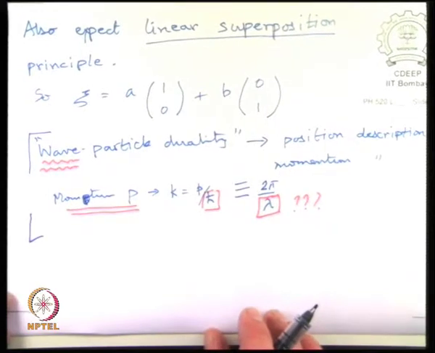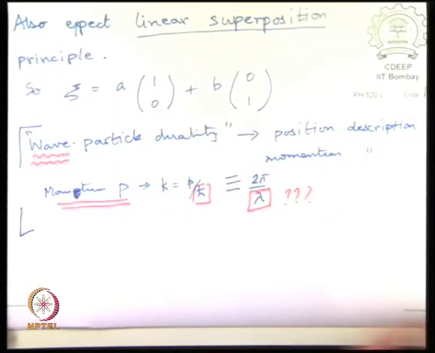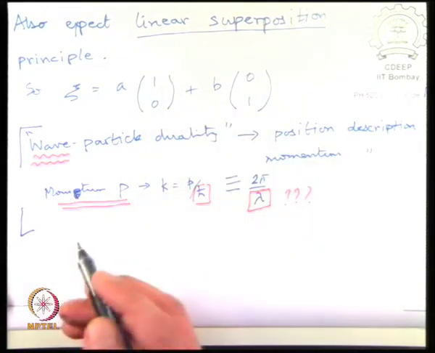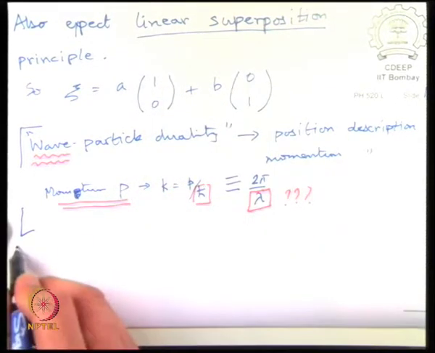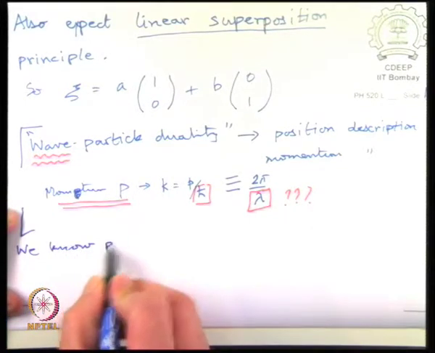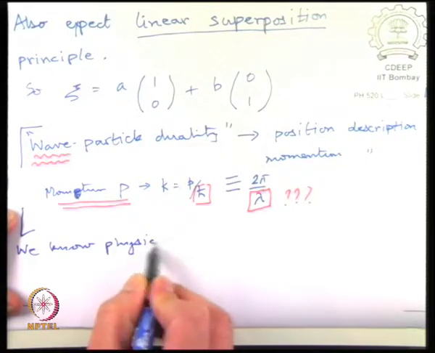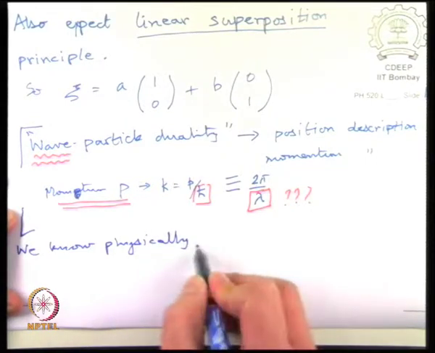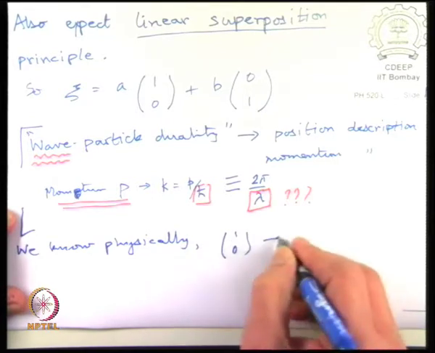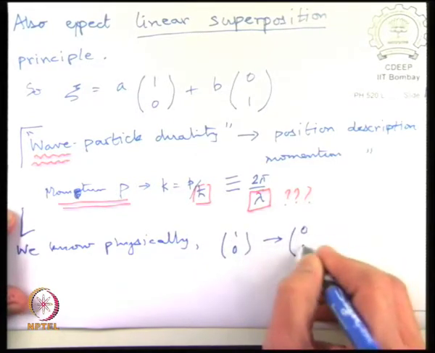So now what does one see? We can always go from up to down states, right? Physically, up can go to down by application of a magnetic field.